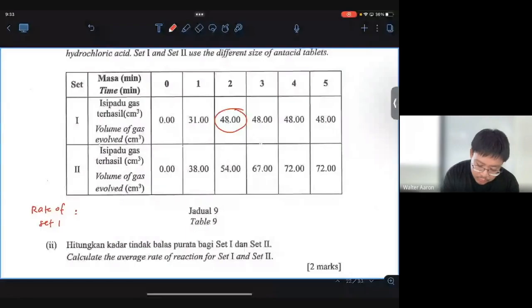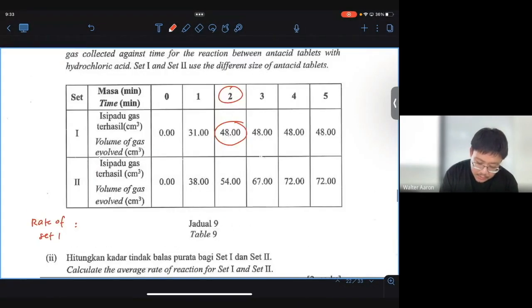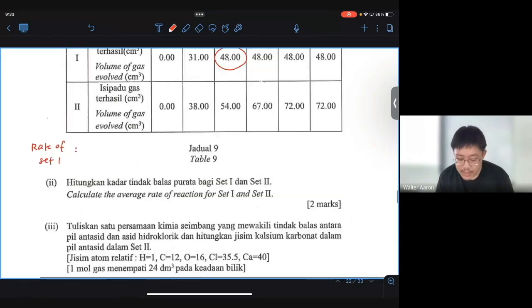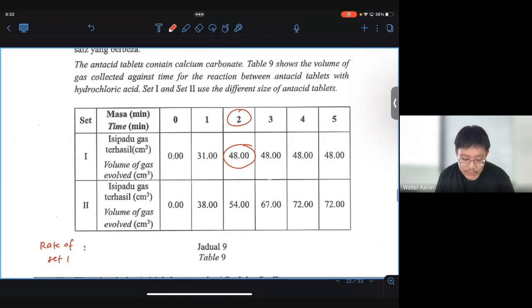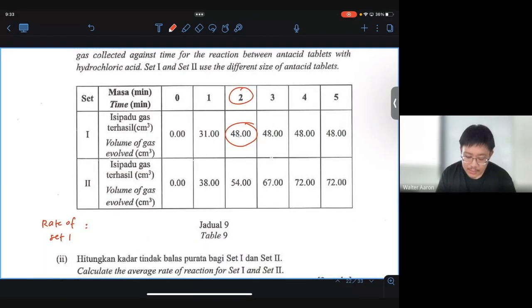Right, maximum 48, 2 minutes. So you want to calculate the rate of reaction by minutes also can, by seconds also can, because they didn't say what they want, so you can just calculate either one. But I'm going to make it into 120 seconds, because I want to do it in seconds.